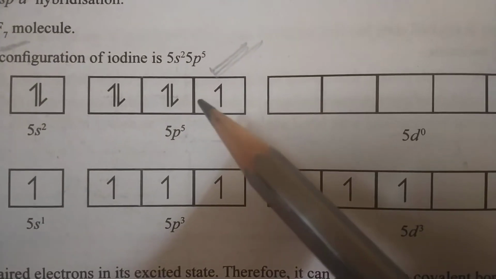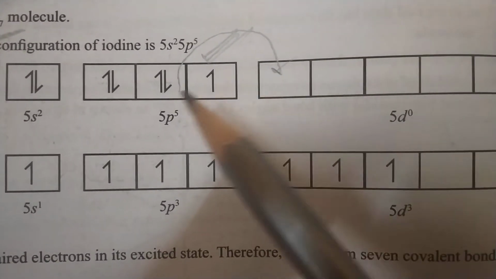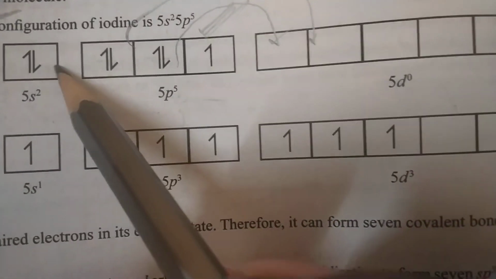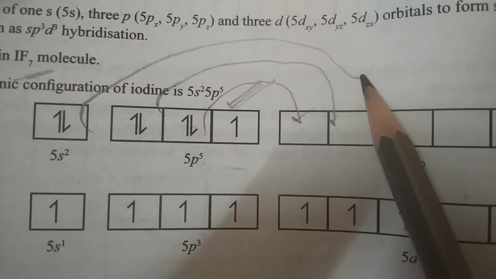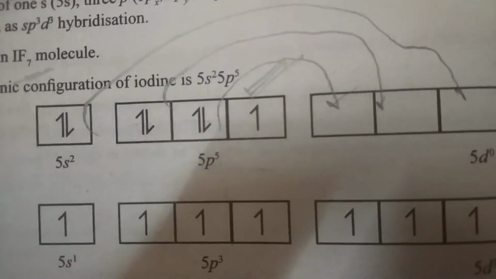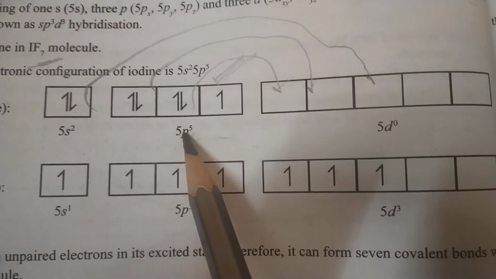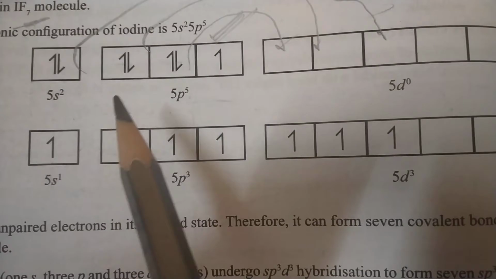Yes, there are 3 excitations possible, from 5p to 5d, from 5p to 5d, from 5s to 5d. Totally how many excitations possible? 3 excitations from 5p, that means 5p to 5d1, 5p to 5d2 and 5p to 5d3.